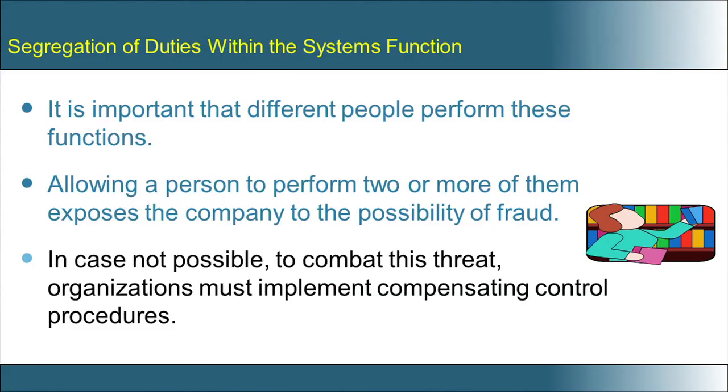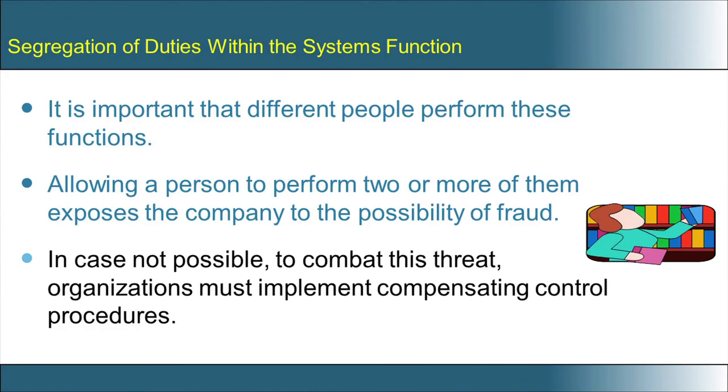There can be some small organizations where they say they can't have 5 different classes of people. In that case, to combat this threat, the organization can have 1 or 2 people. So there can be some things where the maker and checker would be the same. When that happens, the organization must implement compensating control procedures.